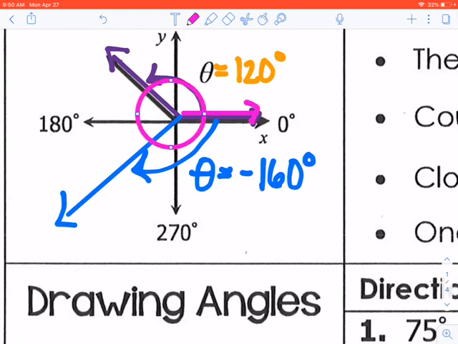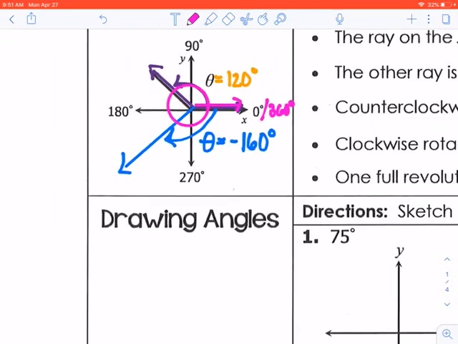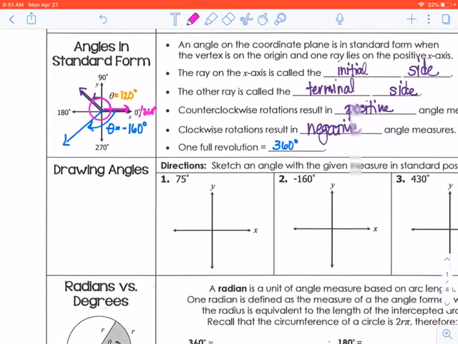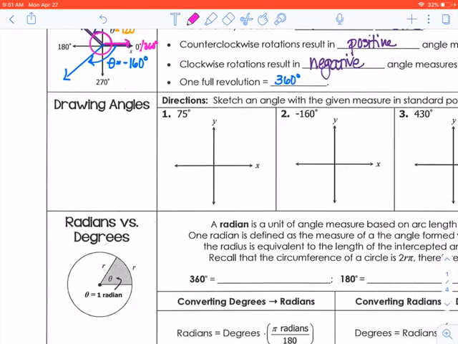We start at 0, we end at 360 degrees. So 0 degrees is also 360 degrees, and I'm going to explain all of that in just a moment as well. So moving on to the next part, we're going to sketch some angles.